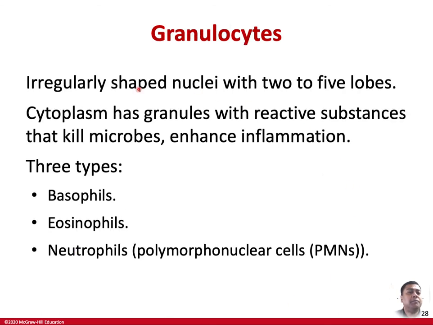The next, the granulocytes. We already talked about that these have irregularly shaped nuclei with 2 to 5 lobes. The cytoplasm has granules with reactive substances that kill microbes and also enhance inflammation. And basophils, eosinophils, and neutrophils are the different types of granulocytes.